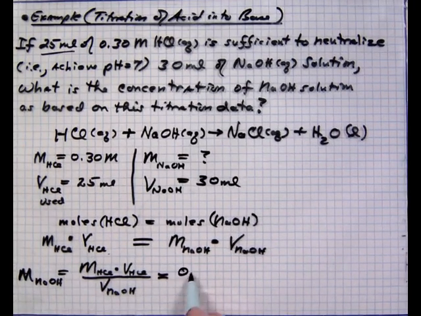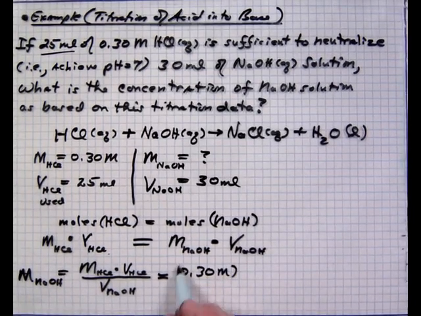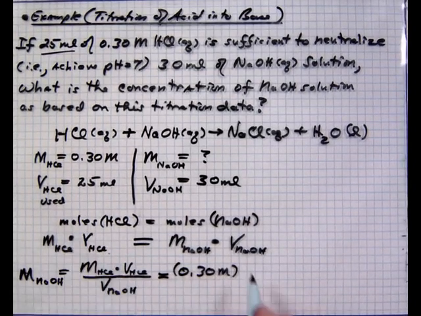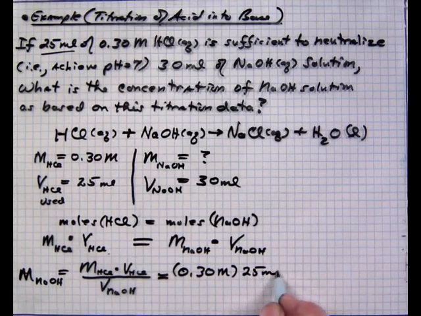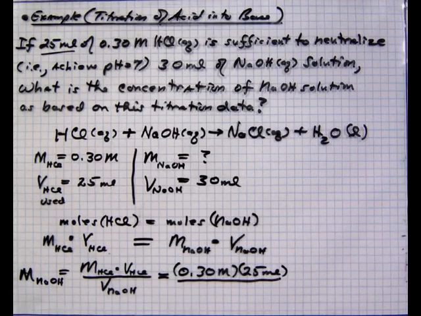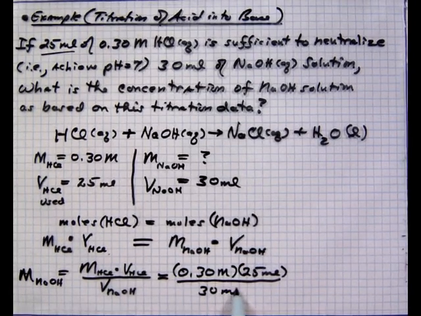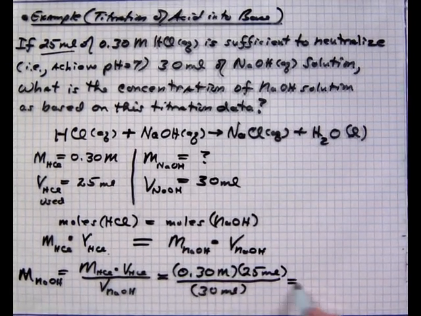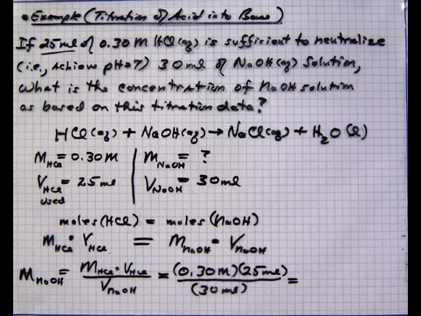Molarity is 0.30 molar. Volume of HCl used is 25 milliliters divided by the specified 30 milliliters of base. Milliliters will cancel out.